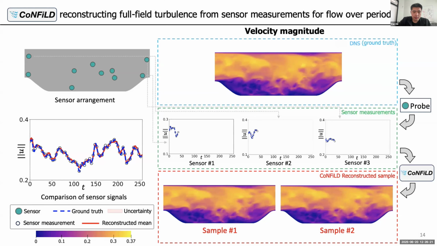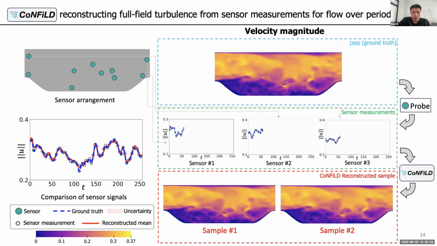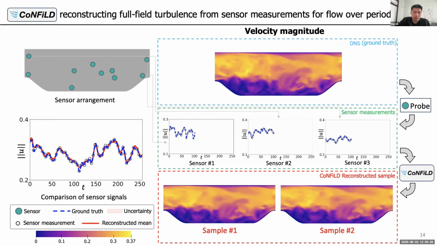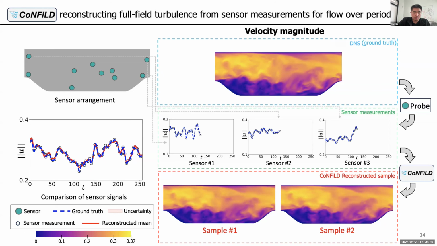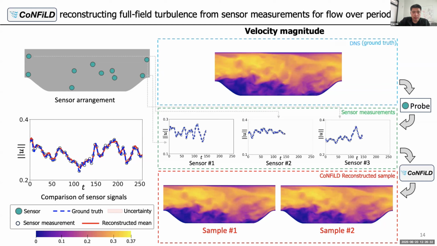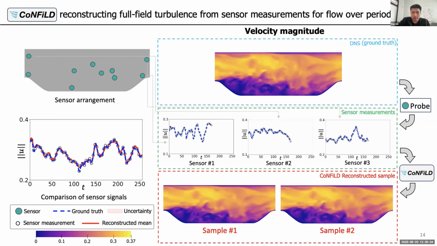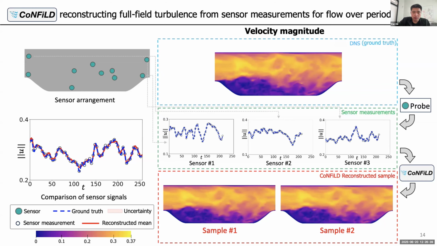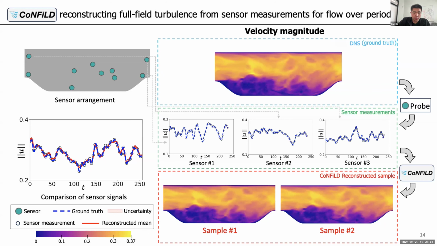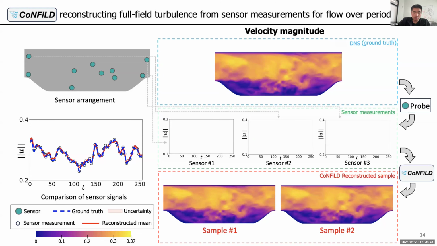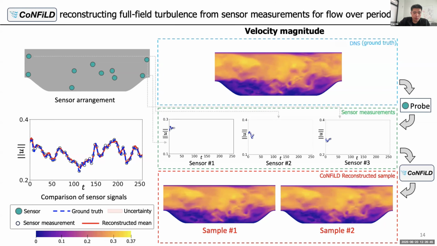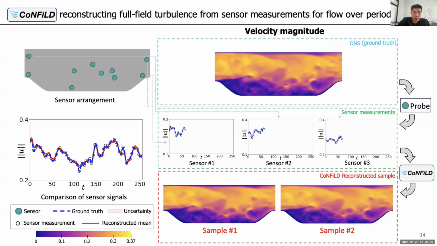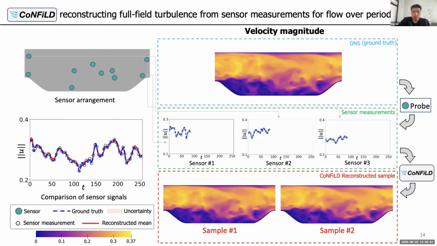The first example we want to show is the periodic hill flow case. We placed random 10 sensors into the flow field, and we plot out the signal measured from those sensors in the plot on the left side. The ground truth signal is highlighted in the blue dashed line, and the measurements are highlighted in those blue circles.